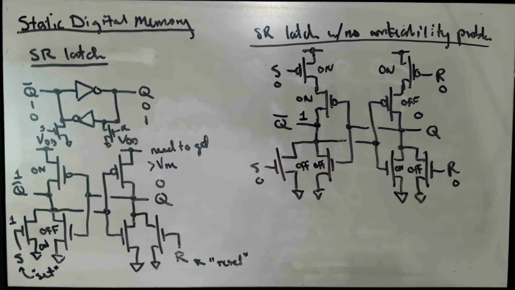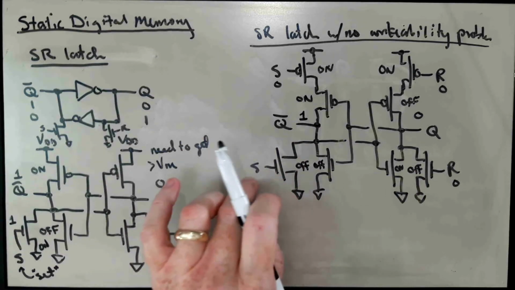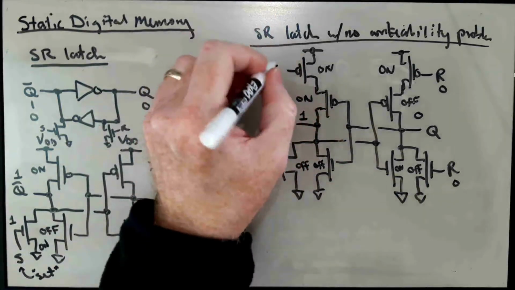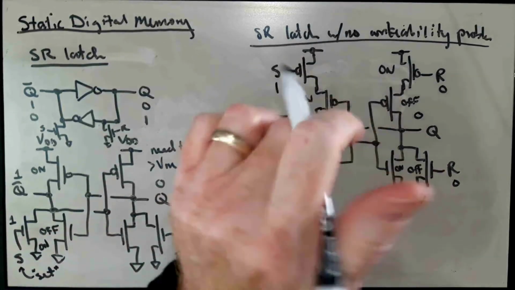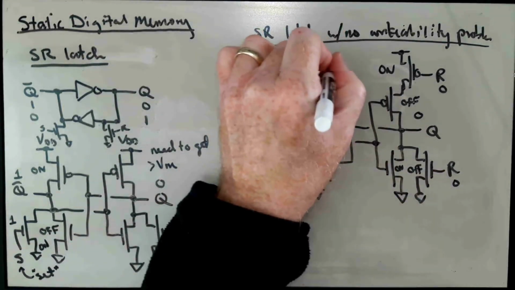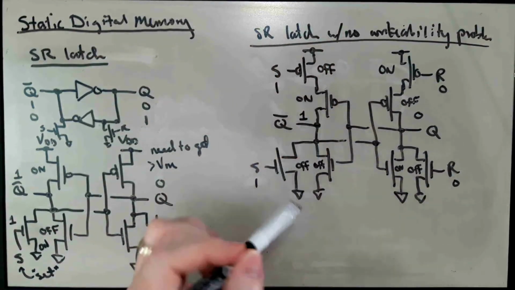Well, if we then assert S, this transistor will cut off the pull-up network.